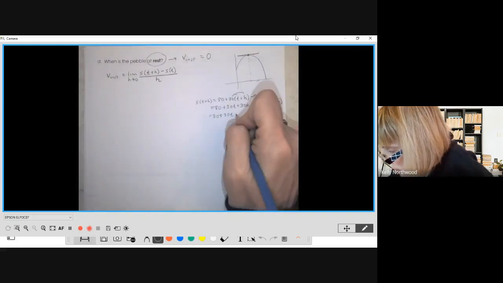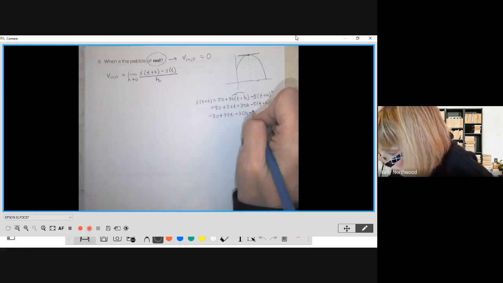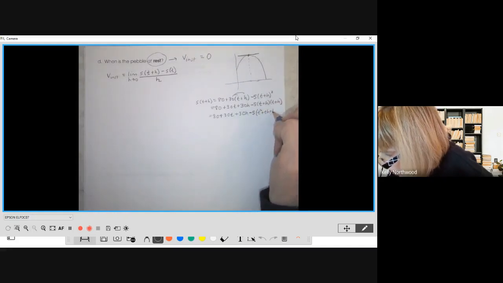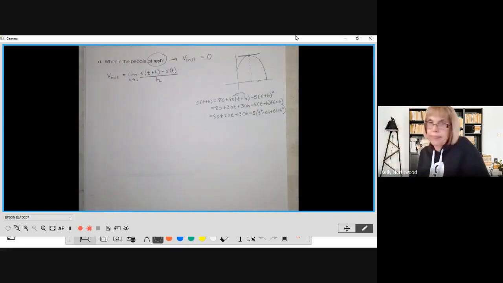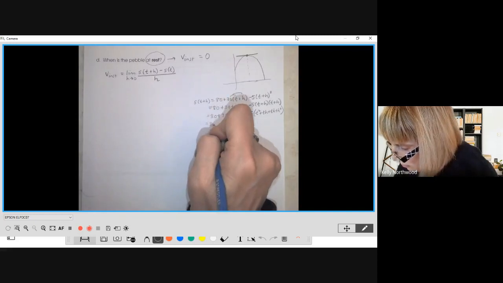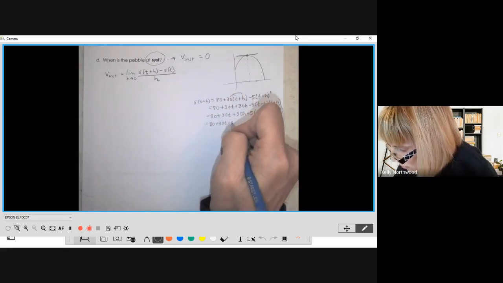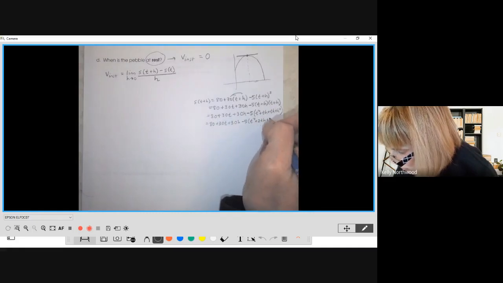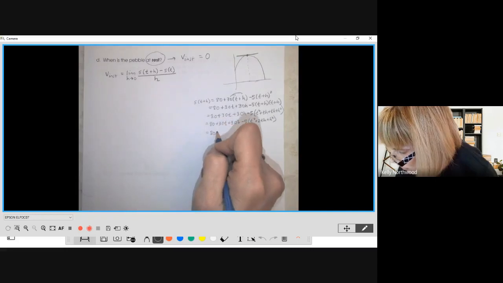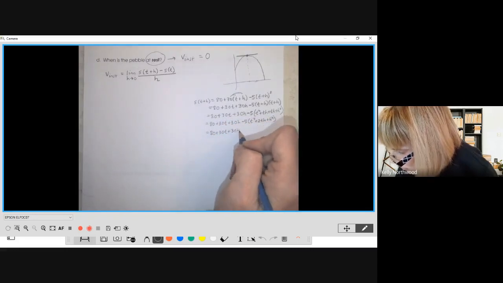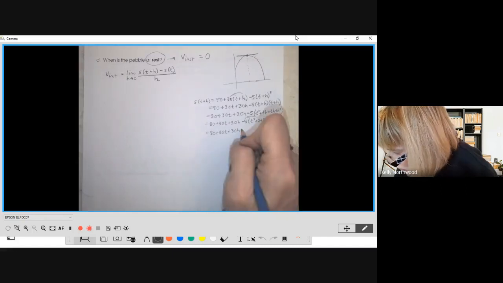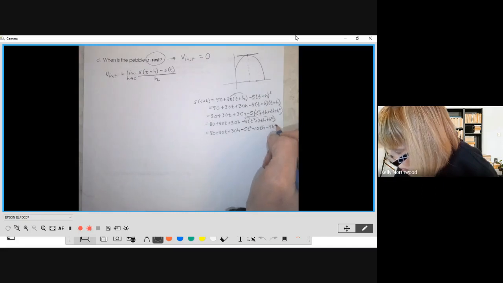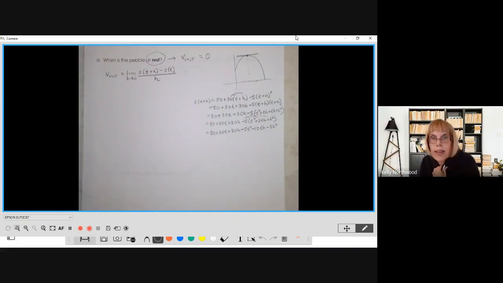I'm trying to make my t's look hooked so that you don't mistake them for plus signs. So t squared plus th plus th plus h squared. So then I've got to distribute the -5 to all three things in the brackets here. So that's a lot. That's s at t plus h.